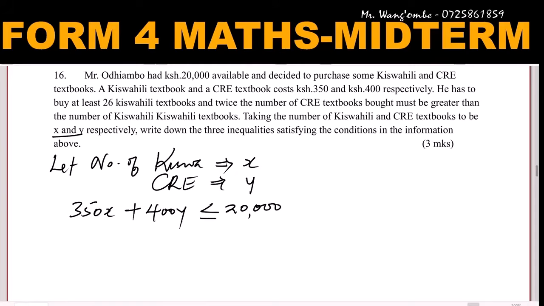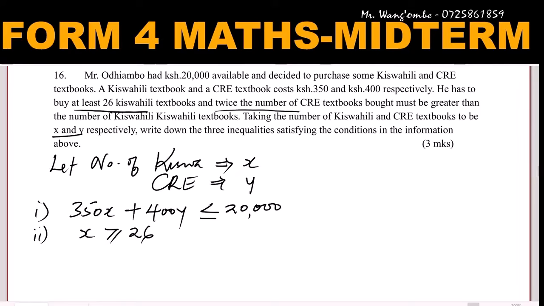So that is the first inequality. The second one, he has to purchase at least 26 Kiswahili books. At least means greater than or equal to. So X should be greater than or equal to 26. That is the second one.